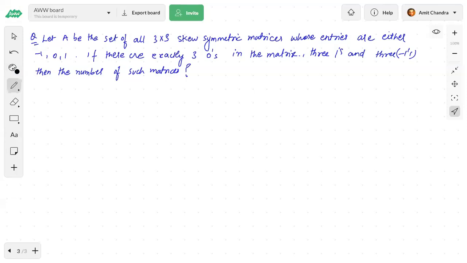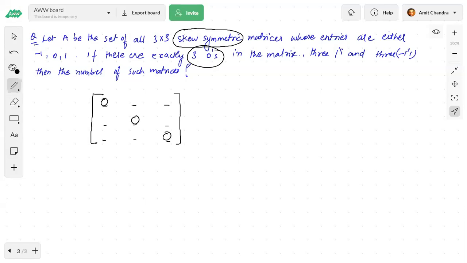Okay, let's see. So they have given A is a set of 3 cross 3. I'm just placing spaces. Now because it's a skew symmetric matrix, these three zeros will be filled first.